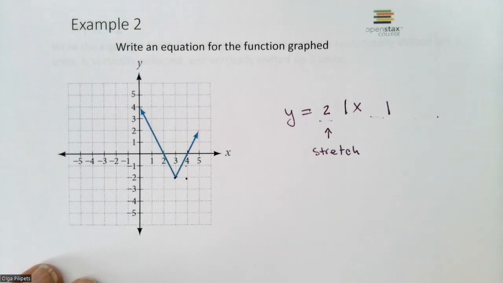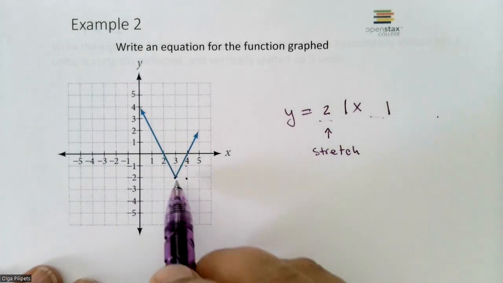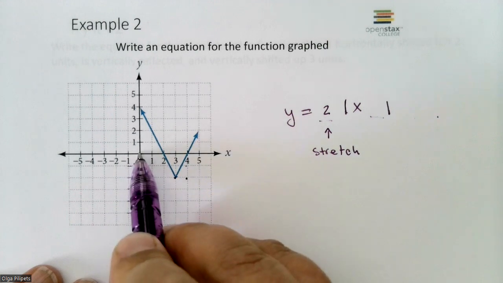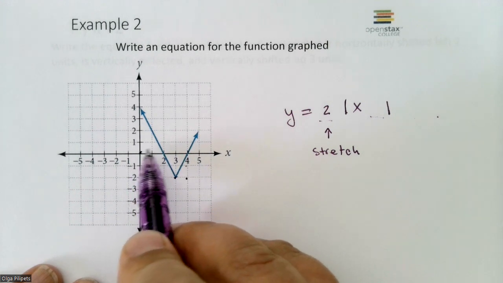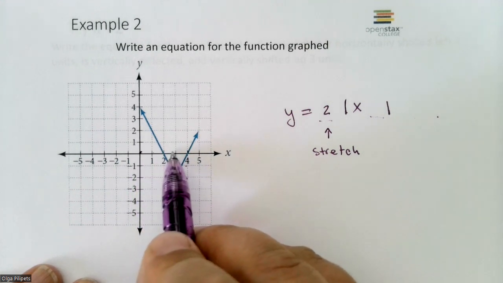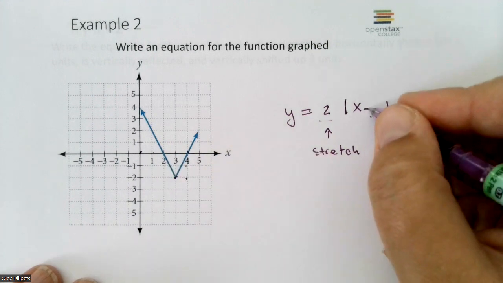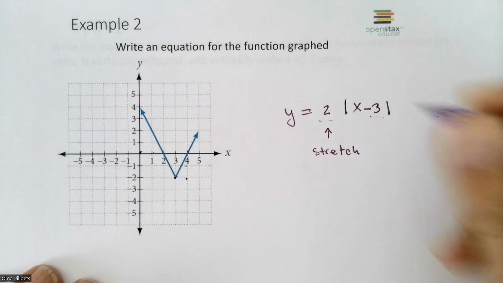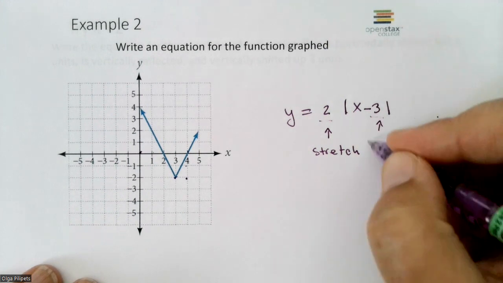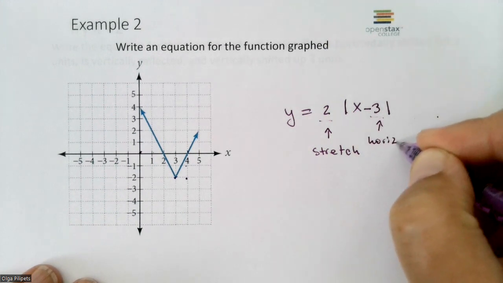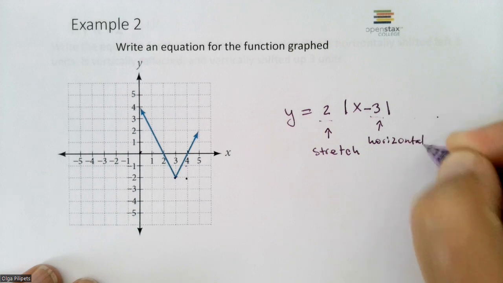right? What about moving? So the vertex, in the original function, is at 0, 0. Now this vertex was moved 1, 2, 3 units to the right. So inside, minus 3. So that's the horizontal move.